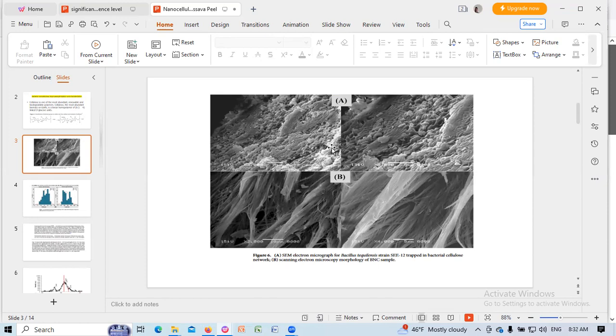The nanocellulose fibers are randomly oriented and interconnected, forming a heterogeneous network.